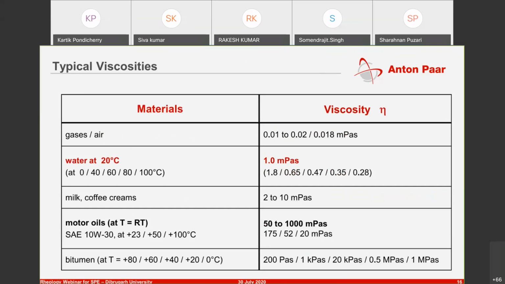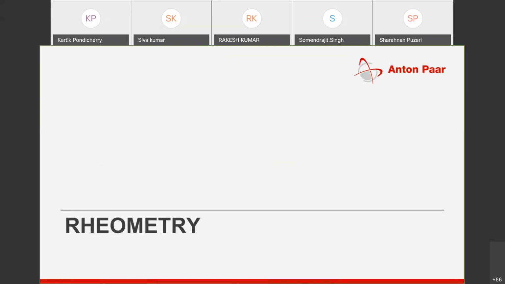Of course, this drop is nothing compared to bitumen or asphalt, which goes from 200 Pascal seconds to 1 megapascal second when you go from 80 to 0 degrees. So you are having orders of magnitude difference in the viscosity. That's why I said temperature plays a very important role in the viscosity or the flow behavior of materials.